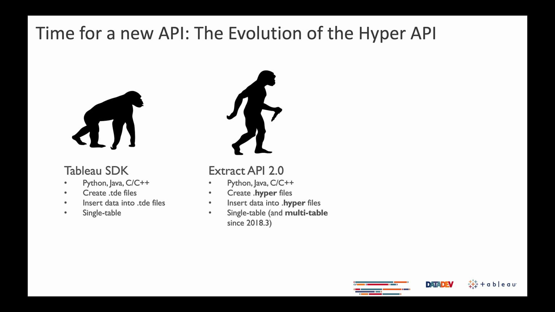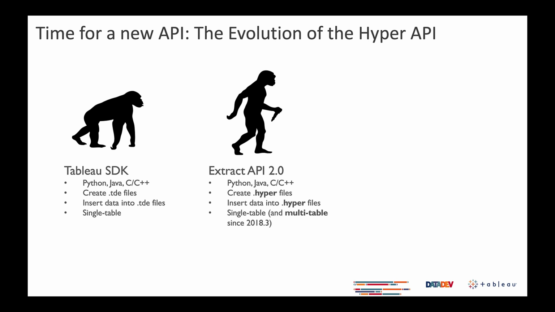In a weird naming convention twist, we released the Extract API 2.0. So this was the first instance of Hyper being available. It let you insert data into .hyper files, also create multi-table .hyper files, which is exciting.